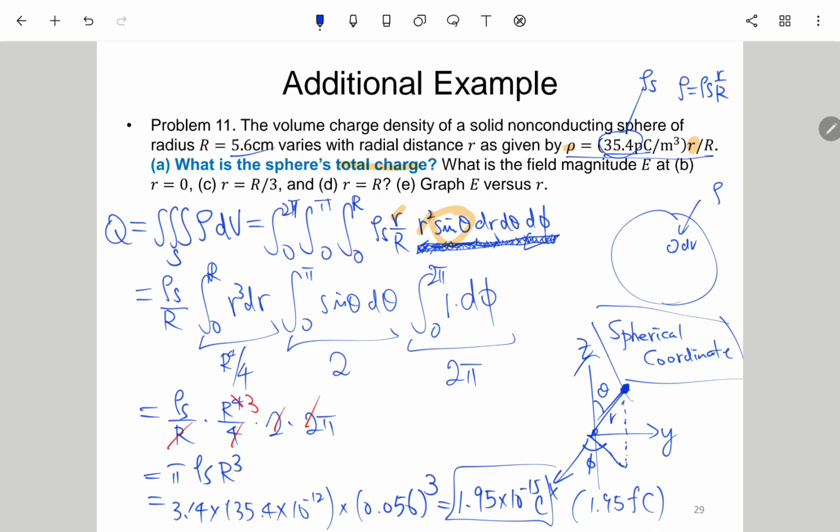Okay, so the most difficult part for this triple integral is that you need to know dv will be looking like this. This whole thing is the dv in the spherical coordinate. So it turns out to be dr, d theta, d phi, multiplied by this r squared times sine of theta.